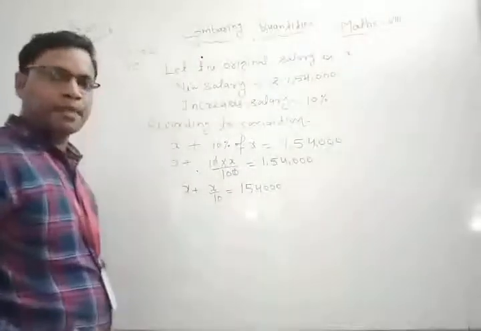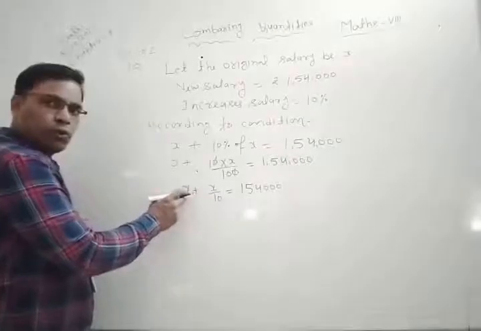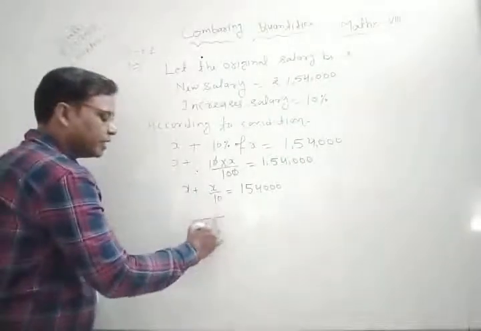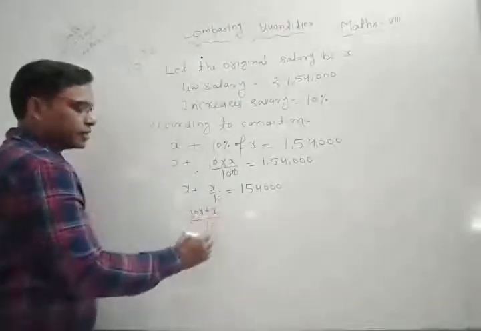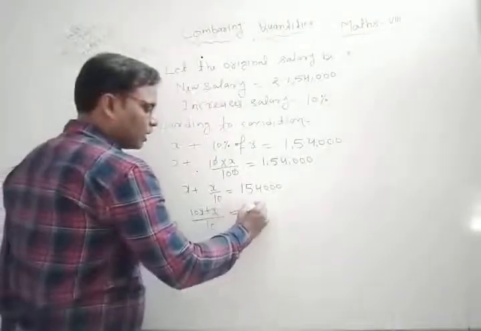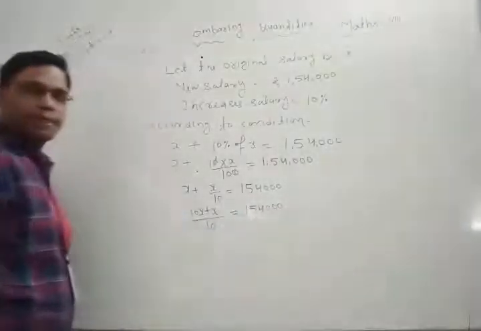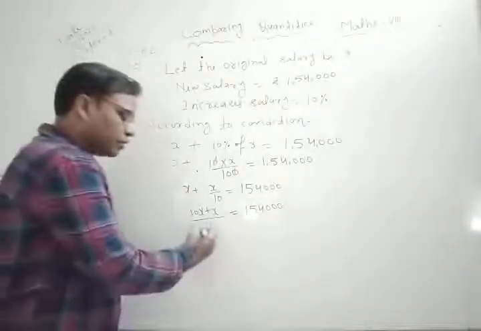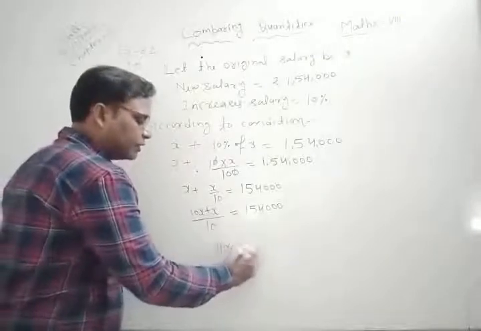Now if we take LCM 10, then we obtain 10x plus 1x equal to 1,54,000. And when you sum them, then you obtain 11x by 10 equal to 1,54,000 rupees.